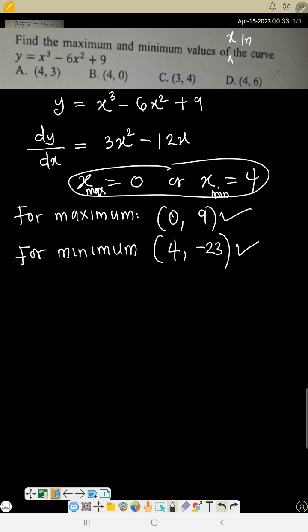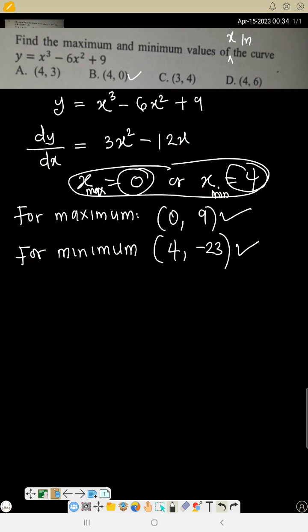So if it is S minimum they want, like only S, then it will be B, that is without considering the Y. So that's why I said the question has to specify, is it only S or like that. So the answer is B.